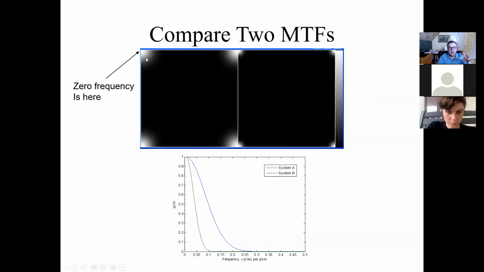And so if we compare two MTFs, okay, and look at system A and system B here, basically what are we expressing? Well, and by the way, this is just a profile drawn along this axis. Well, we're expressing the system's response.